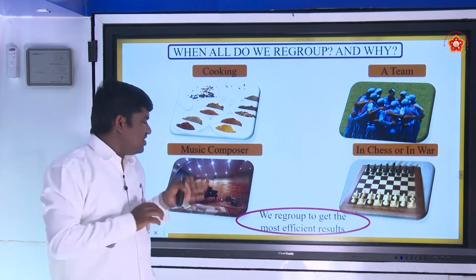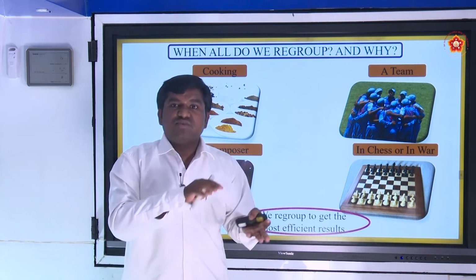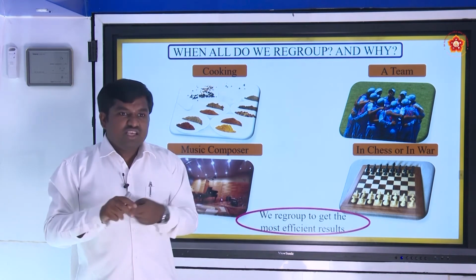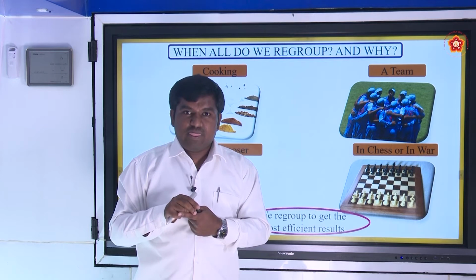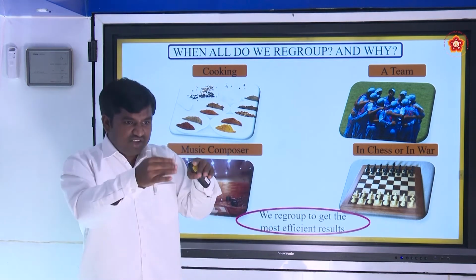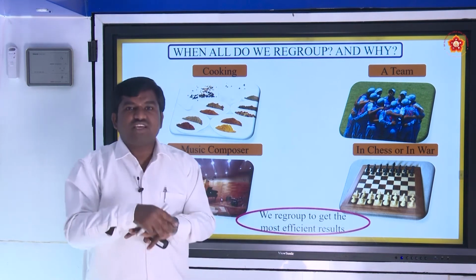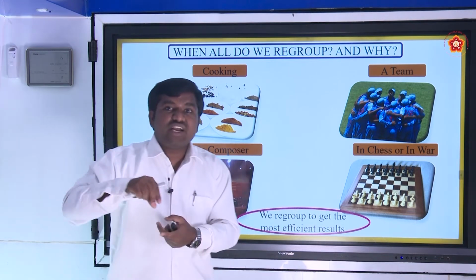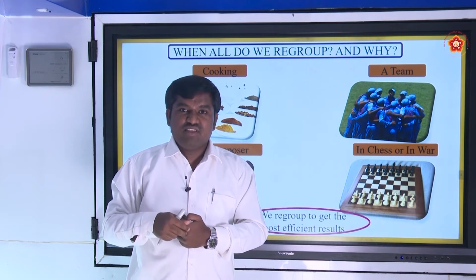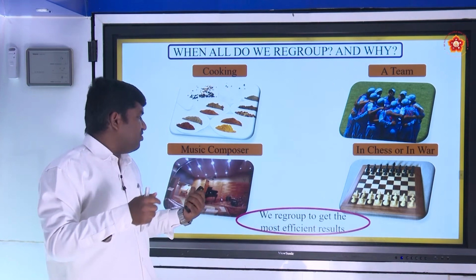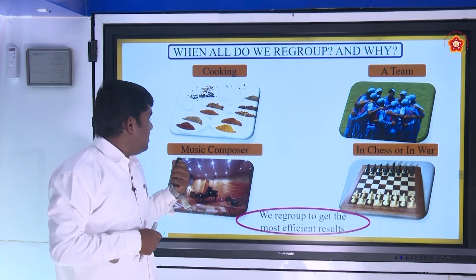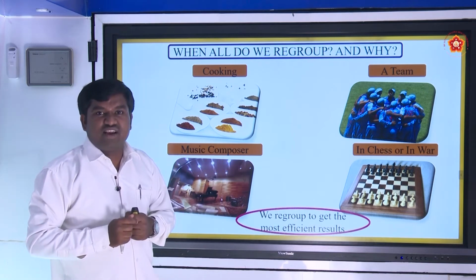Suppose in one song he uses piano and guitar, you get some kind of music. Next time, with whatever he has, he regroups the instruments and gets a different kind of music. In this way regrouping is used by the music composer.